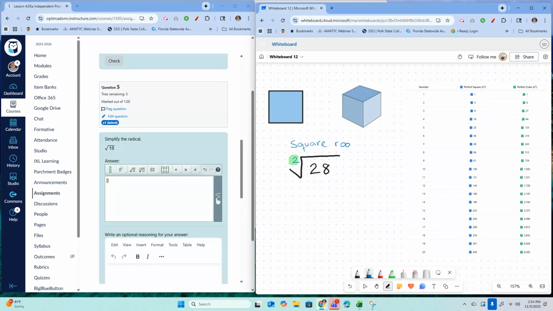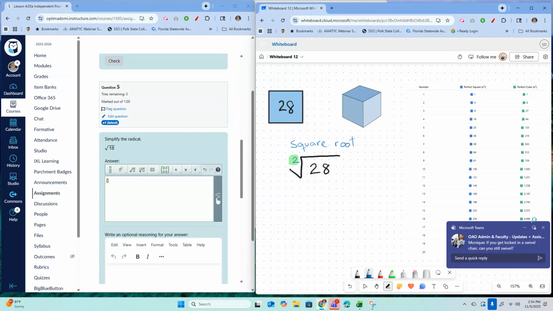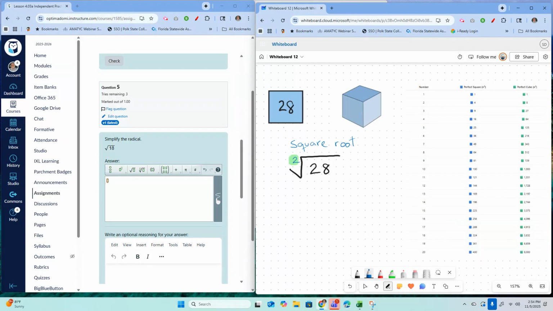So imagine a square where inside the square you have 28 and you're looking for a number. Remember, all the sides of the square are the same. You're looking for a number that when you multiply it by itself, it will give you 28.